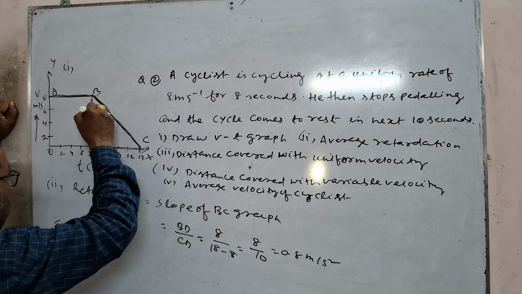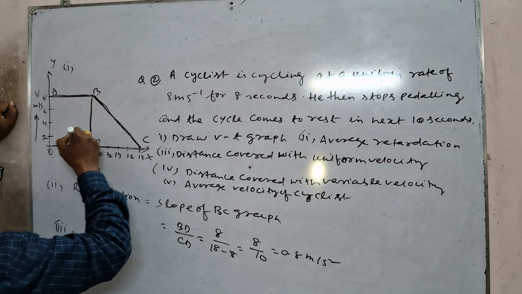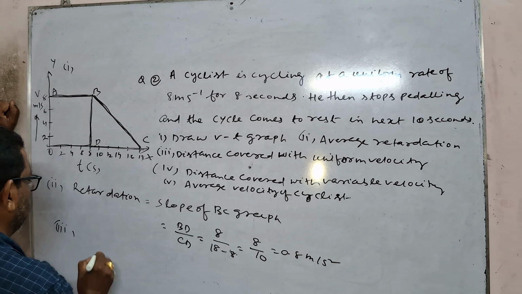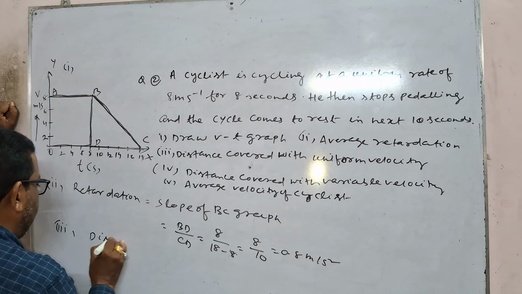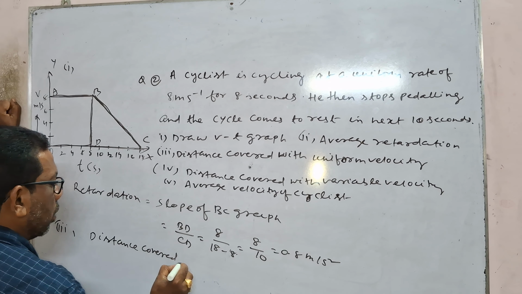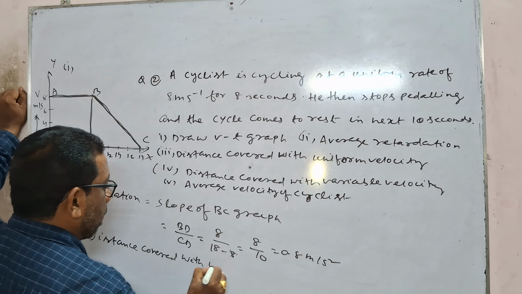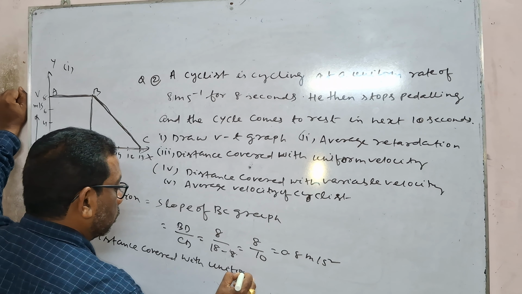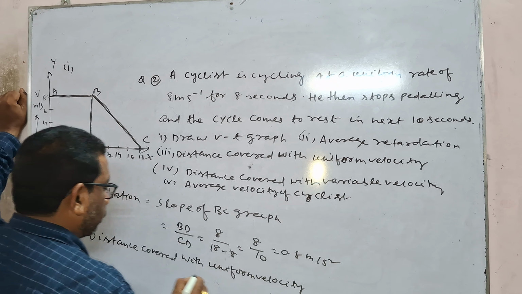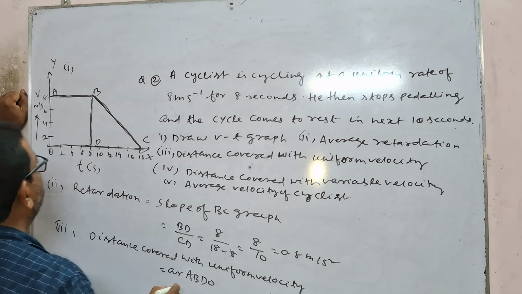So for the distance covered with uniform velocity, we have to find the area of ABDO.